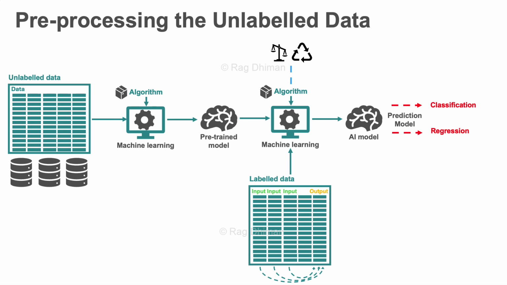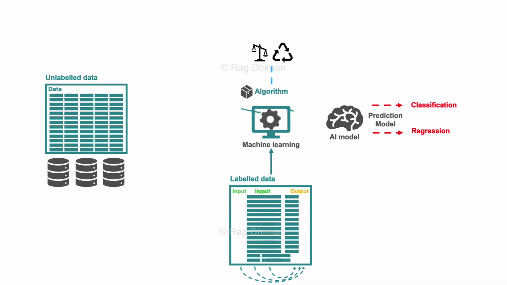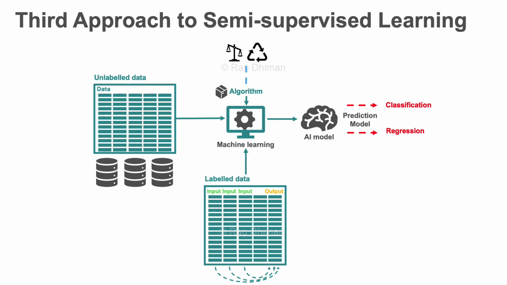I'll also briefly mention a third semi-supervised approach that feeds both labeled and unlabeled data directly into the algorithm, no pre-processing, no pseudo-labeling, allowing it to learn from both types of data simultaneously.